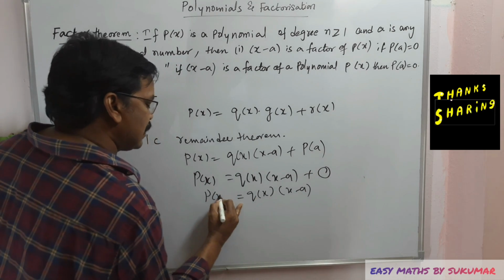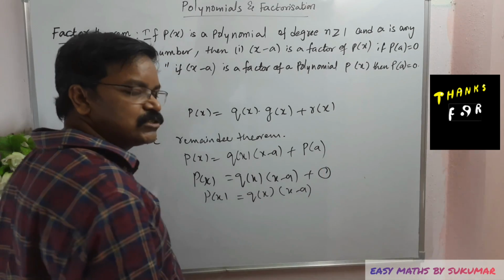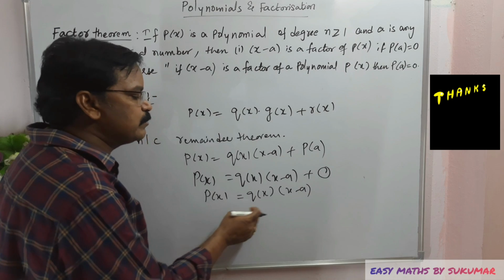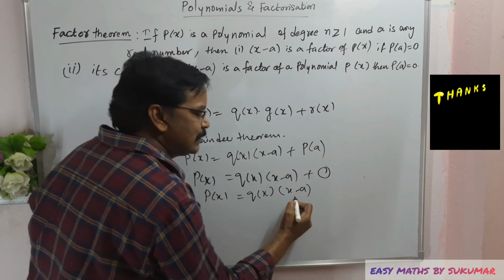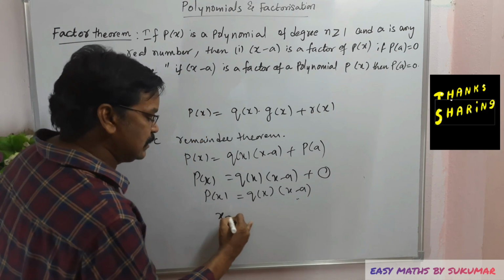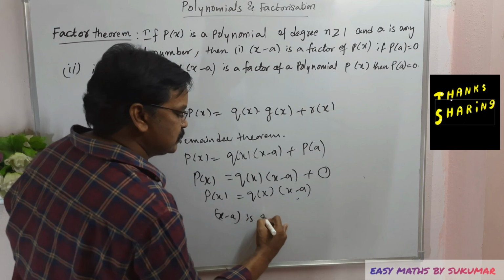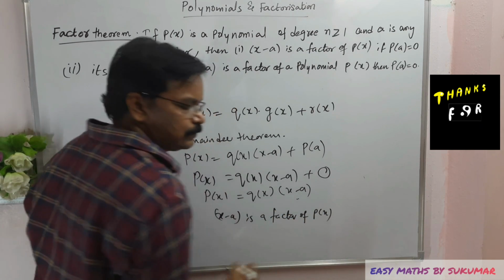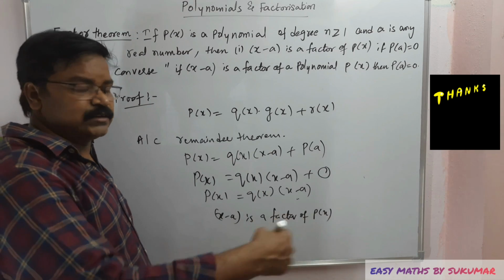This p of x has no remainder, that is, 0 remainder. Therefore, this p of x can be written as q of x times x minus a. That means this x minus a is a factor of p of x.